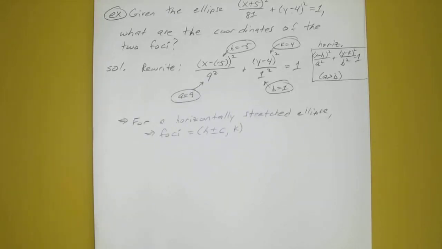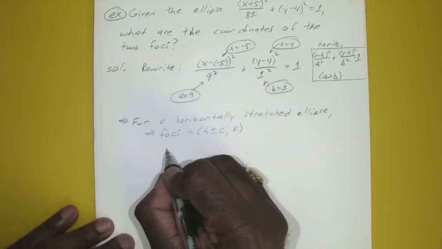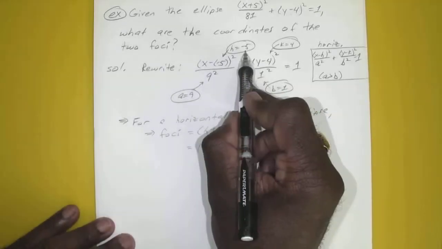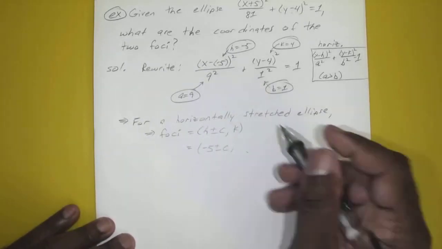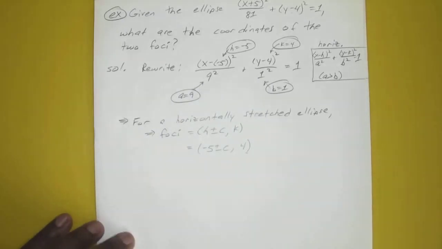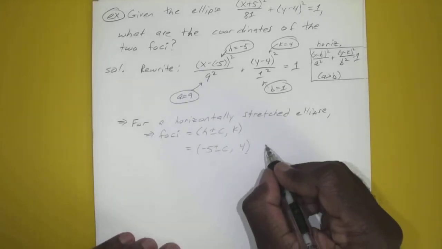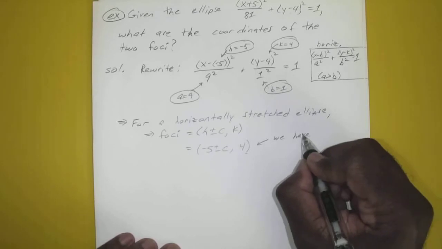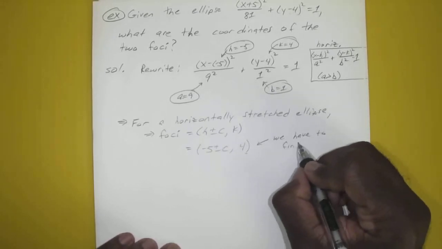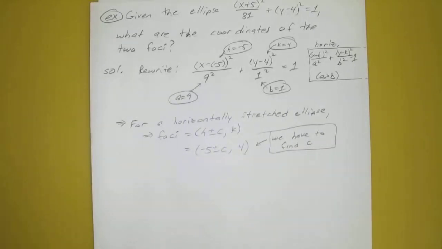Okay, which works fine. We know what our h and our k is. We can figure that out from up there. So we know that's going to equal -5 plus or minus c, 4, which means we can't go any further because we have to solve for c. Okay. And once we find c, we'll be all set.